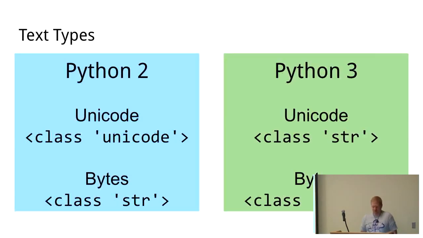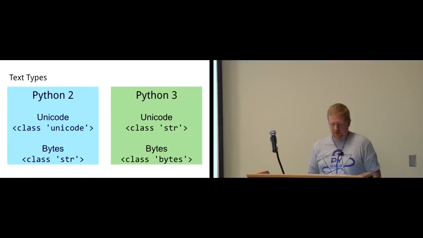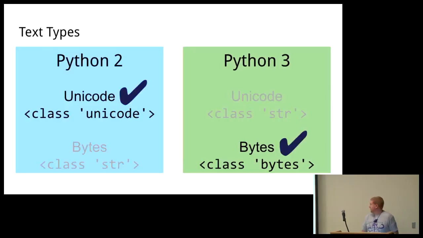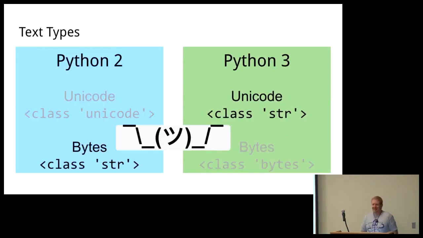So in summary, in Python 2, the Unicode type is called unicode, and the byte type is called str. And on Python 3, the Unicode type is called str, and the byte string is called bytes. These two make perfect sense. This is very confusing. So this actually isn't a clue in our mystery, but this is one of the important things to remember if you're dealing with both Python 2 and Python 3.